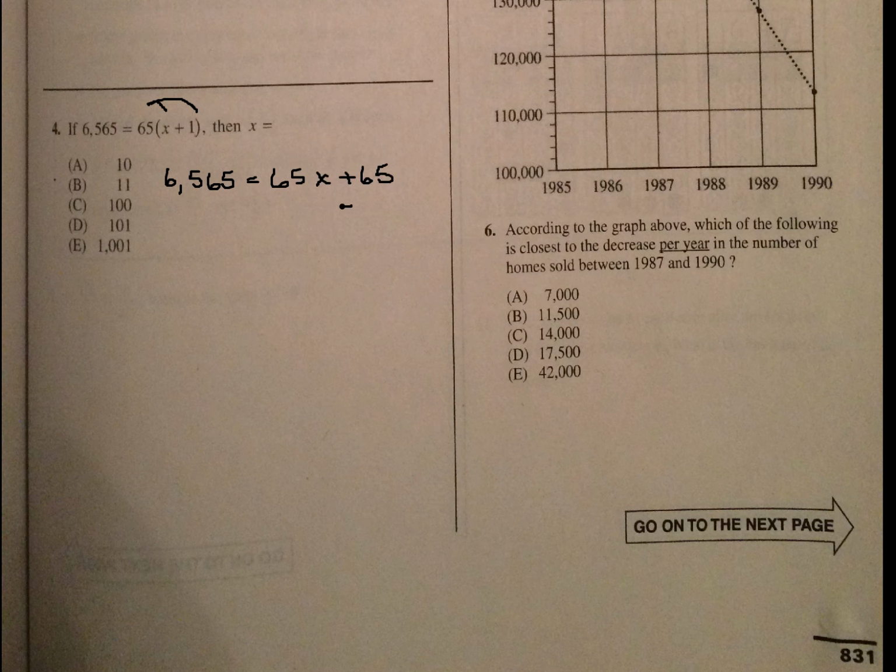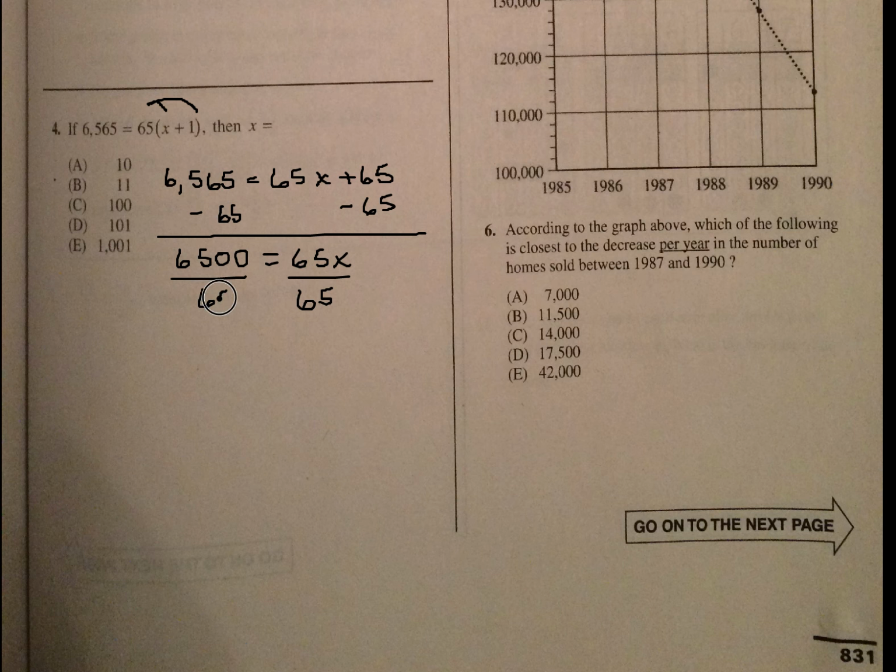Subtract 65 from both sides, and we get 6,500 equals 65x. Divide both sides by 65, doing a little longer algebra than normal. The 65's are going to cross out. We get 1 there, so we get 100 is our answer. Just use your calculator for that.